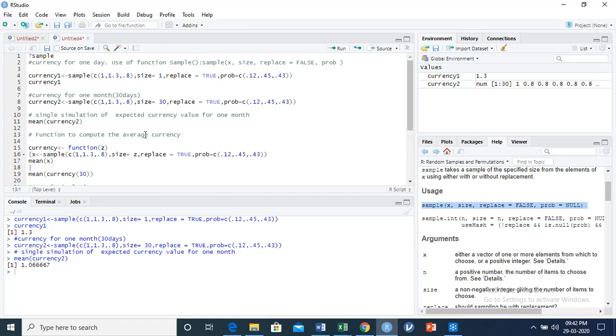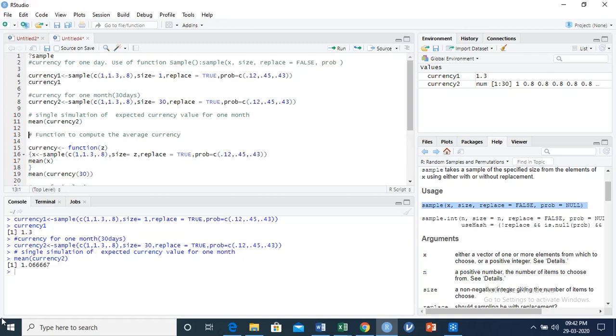That's why we first write a function to compute the average currency. How do we write the function? In R, one can write any function in this form. The name of the function here is currency, and it is a function of z within brackets.